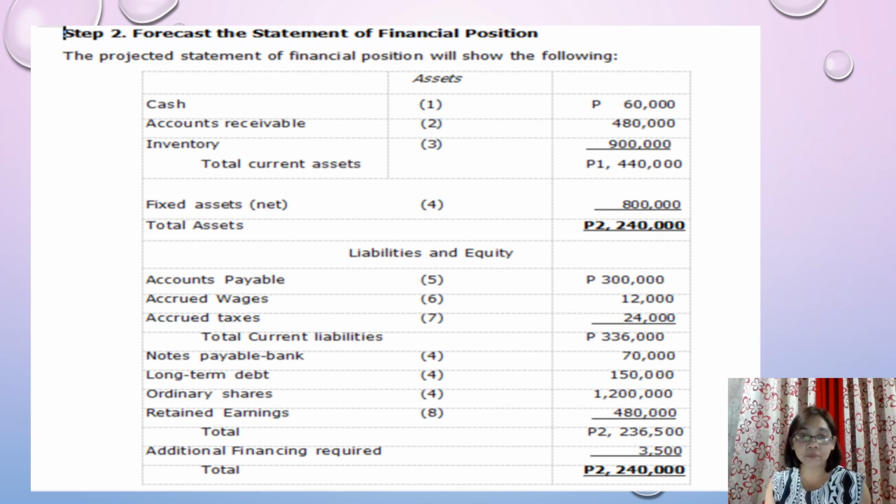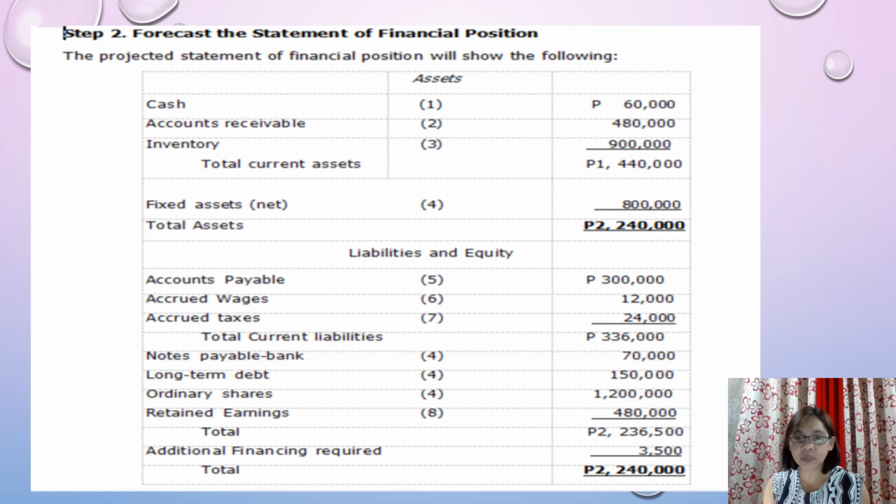And then, magkakaroon po ng additional financing required. Ayan po. Magkakaroon ng additional financing. Required po yung additional financing, kasi nga po, hindi siya magbabalance doon sa assets niya. So, yung additional financing po is 3,500.